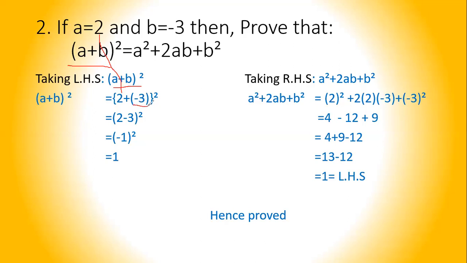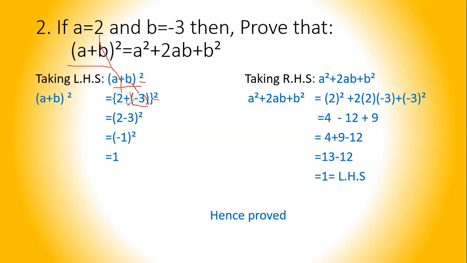So what we have done, just put the values of a and b in this question. Since we put the small bracket, we use the curly bracket around it and put the square from the question. In step number 2, we remove the small bracket first.